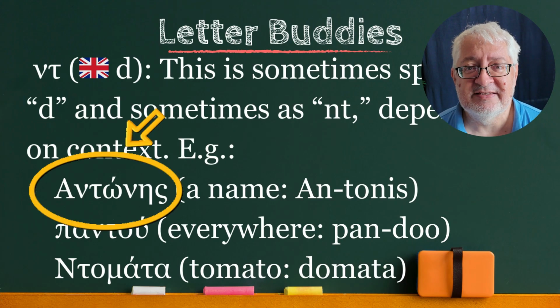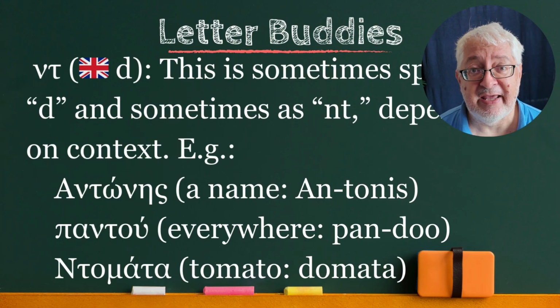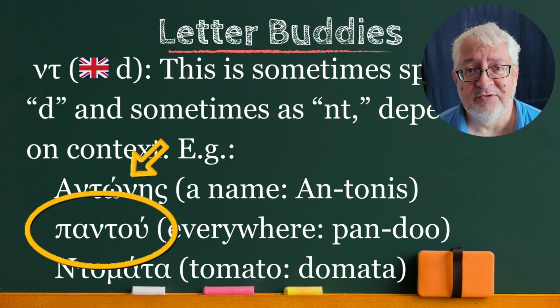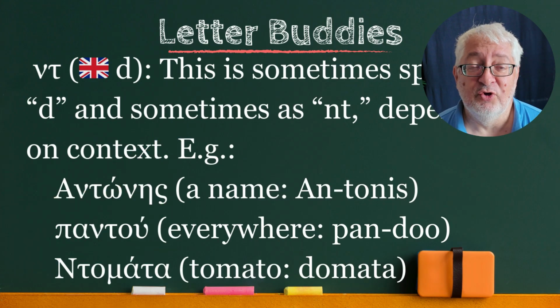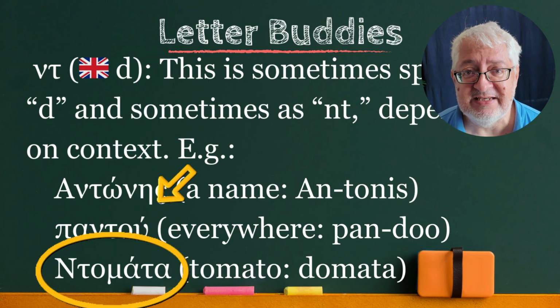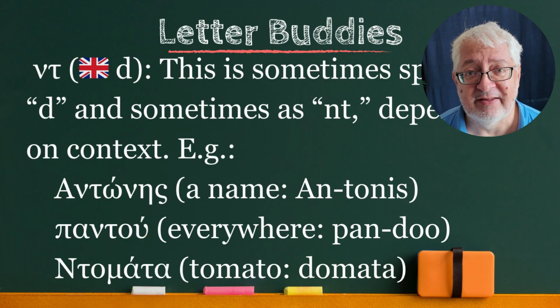Andonis is a name, Anton, Anthony, but this Andonis, it's very much separated, the N and the T. You wouldn't say Adonis, you would say Andonis. And the same is true of Pandu. Pandu means everywhere. While something like domata, tomato, has a real D at the beginning, domata. This does not separate the NT.